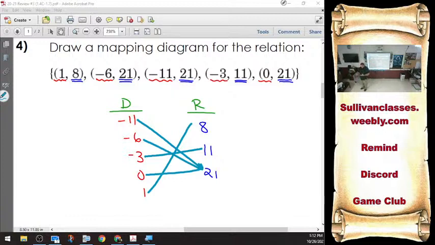Mine has that like cat's cradle looking mess. Maybe yours didn't. That's okay, as long as they're connecting the correct pieces. We good?